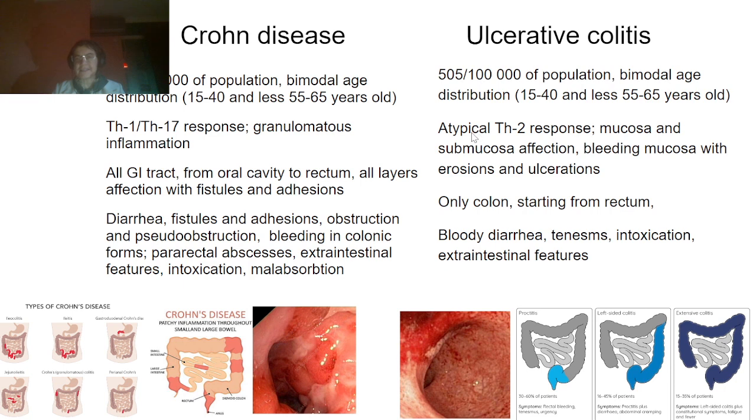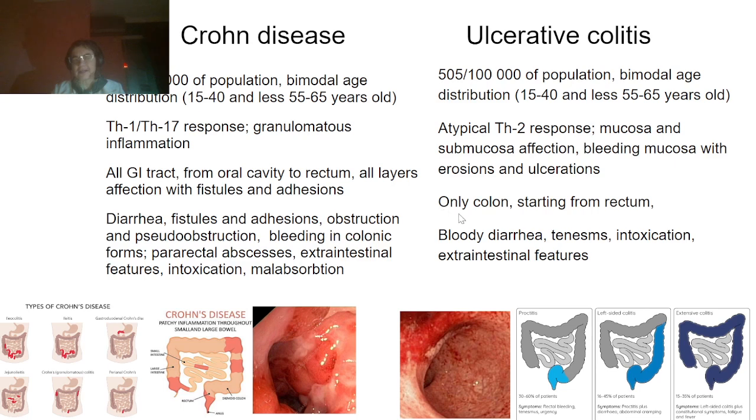Ulcerative colitis is pathogenetically related to an atypical T helper 2 response. There is mucosal and submucosal affection and bleeding mucosa with erosions and ulcerations. This is very clearly seen endoscopically. One of the major manifestations is bloody diarrhea.